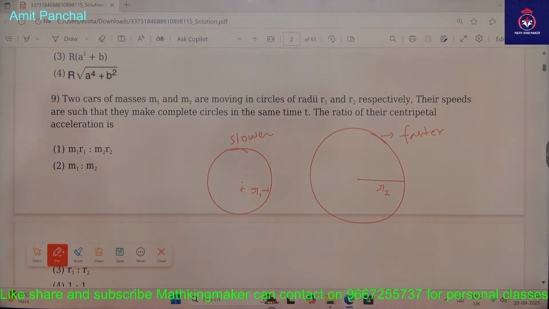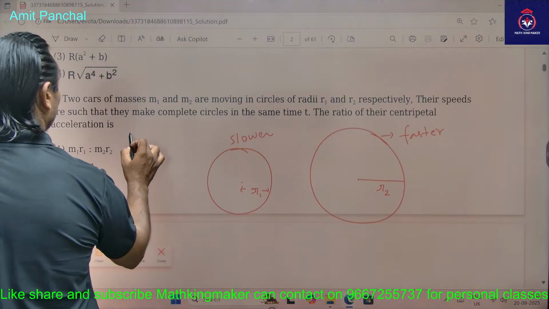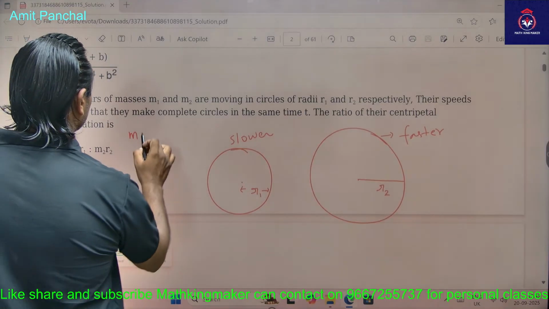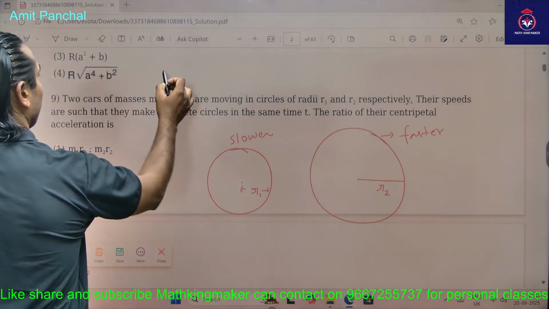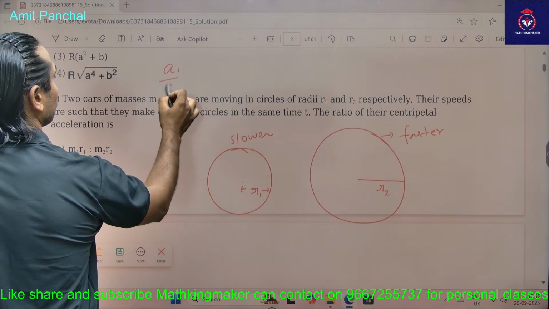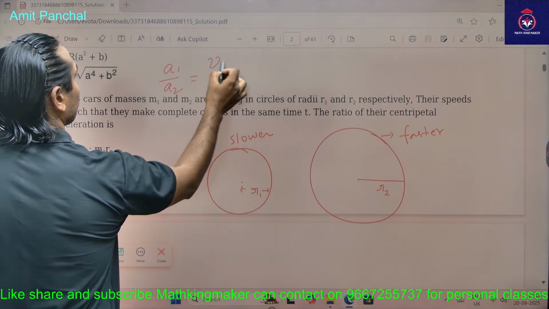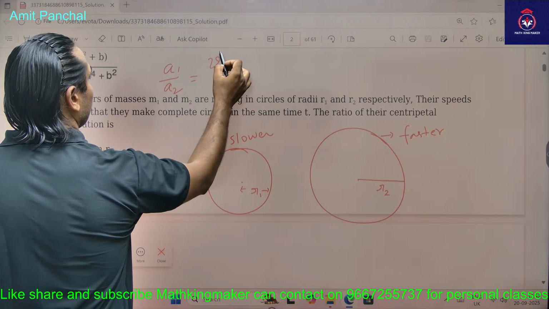The ratio of their centripetal acceleration. So what is centripetal acceleration? First of all, you will find centripetal force. What is centripetal force? mv square by r. Or you can say that the ratio of centripetal acceleration will be v square by r.